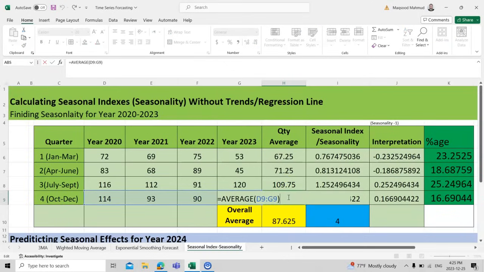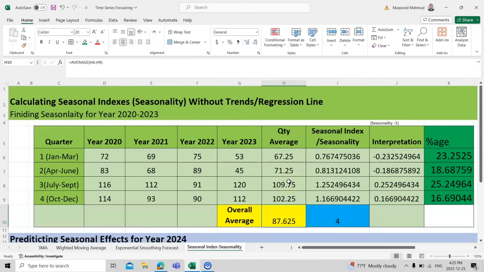From October to December it is 102.25. So this is the average quarterly value across all the 4 years, not for just 1 year: 2020, 2021, 2022, 2023.